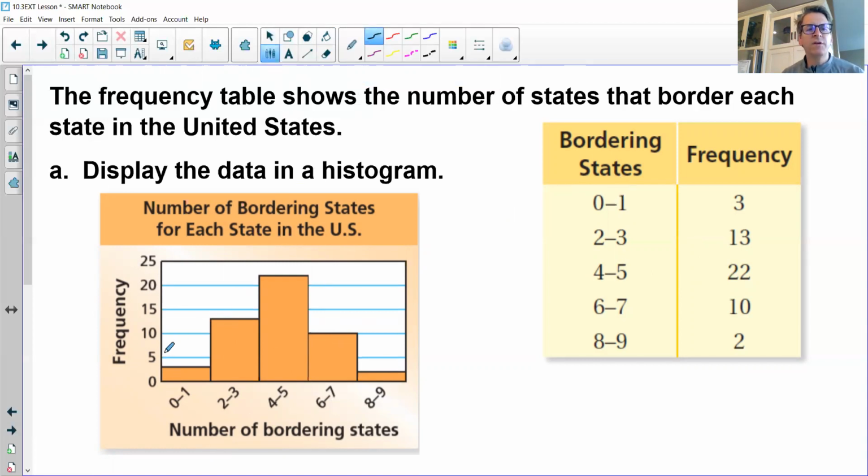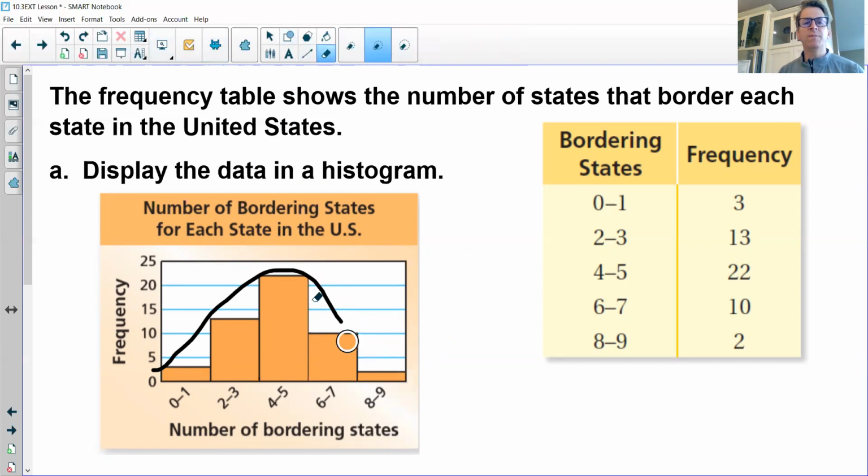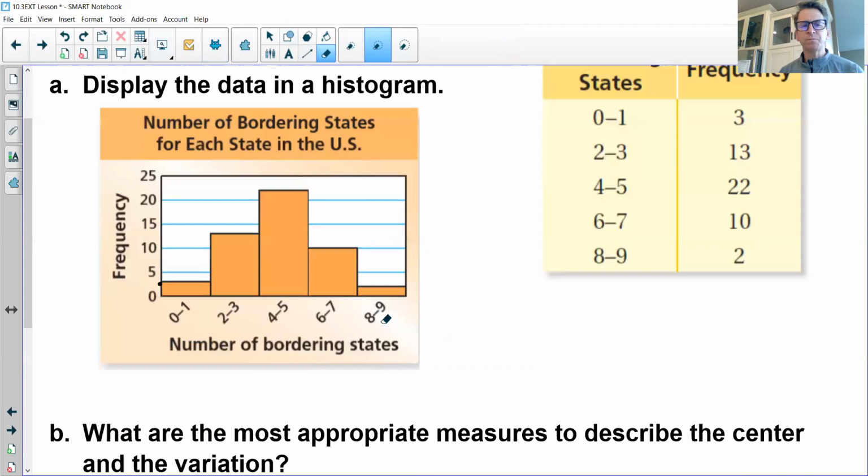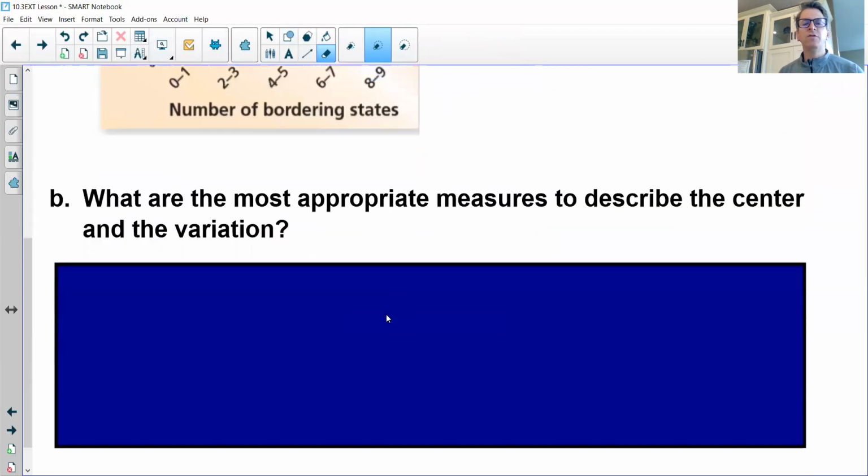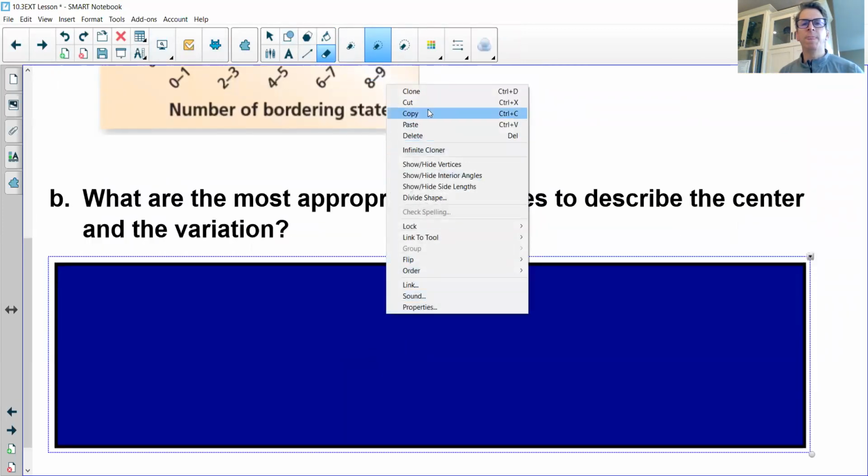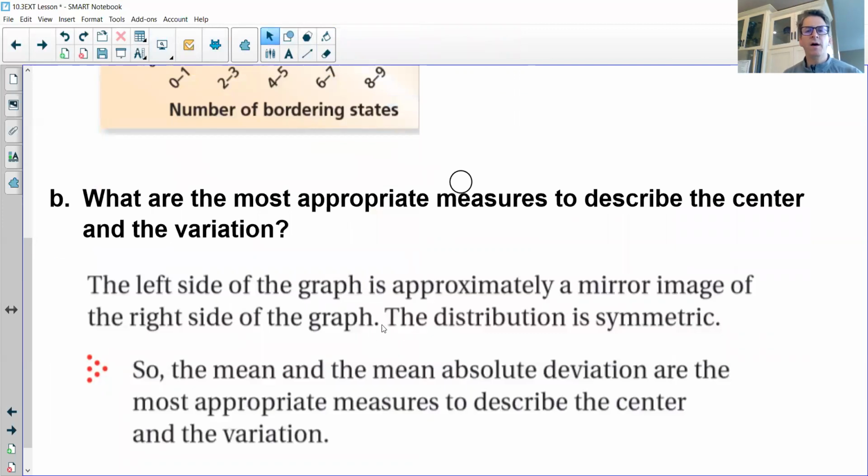And by the looks of this histogram, you can almost tell that we've got ourselves almost like a perfect mountain, so to speak. Okay, it's very symmetric. So it's the same on the left as on the right. So that's good to know, because if it is symmetric, we're going to choose the mean absolute deviation.